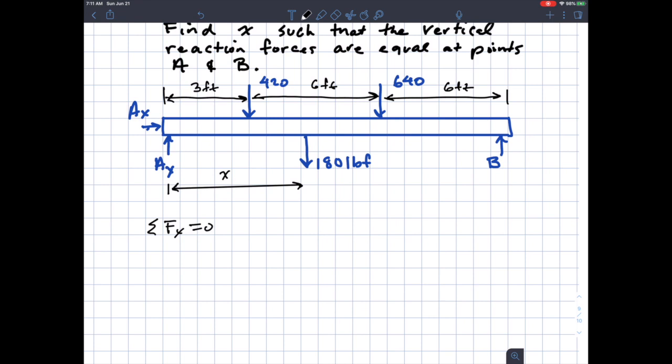I'm only seeing AX. AX is the only force acting in the x direction, and that turns out to be 0. There's no horizontal reaction force at the pin because there are only vertical forces acting on the system at that point.